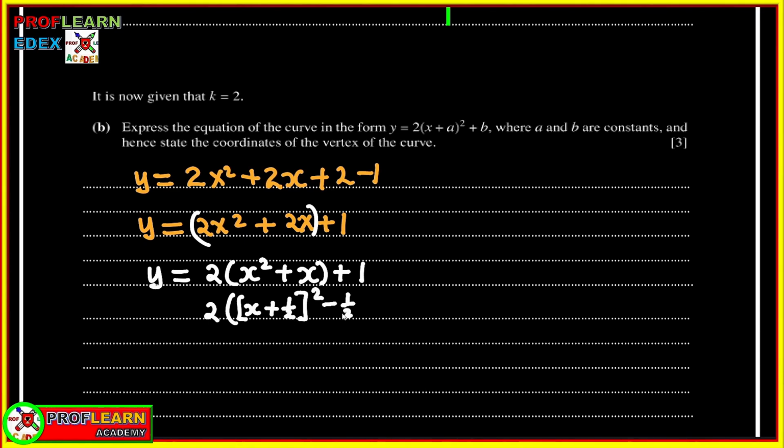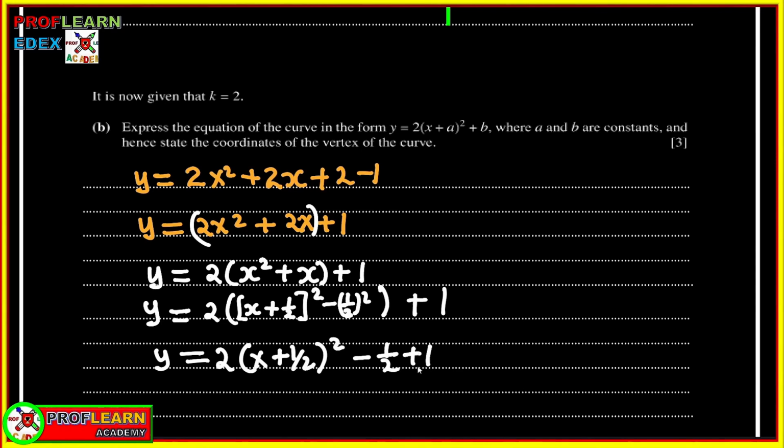Then remember to subtract the square of a half, and then we say plus 1. Simplifying, we end up with this equation, and from here we are supposed to state the coordinates of the vertex of the curve.